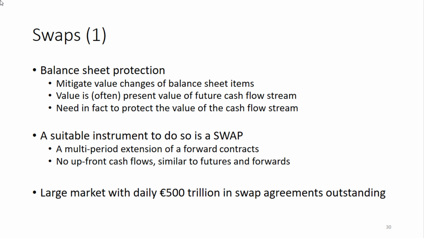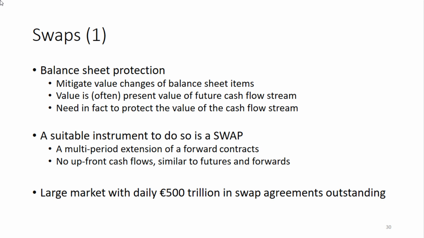So what is a swap? A swap is simply a multi-period extension of a forward contract. With a forward contract, I agree today on, say, the future price at one moment in the future. Well, with a swap, I agree today on a future price to apply at multiple moments in the future.